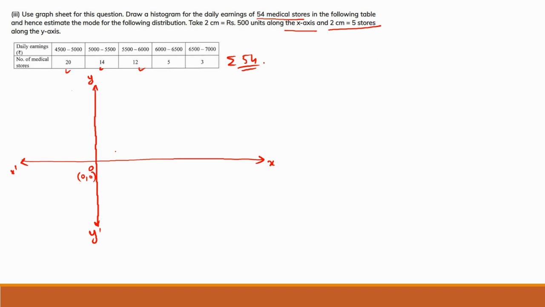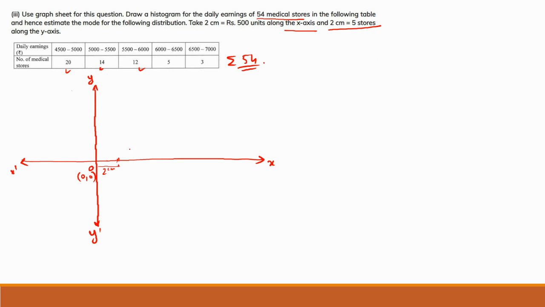It says on the x-axis 2 centimeters. You will see some big lines, a little bit bigger than the rest. Still, measure it with your scale, see this is 2 centimeter, and you should take 2 centimeter equals 500 units.